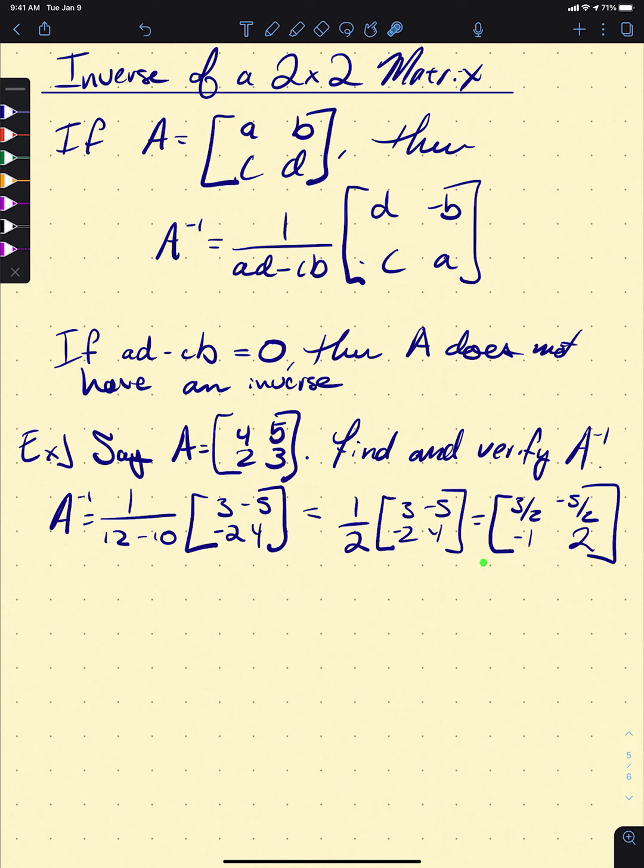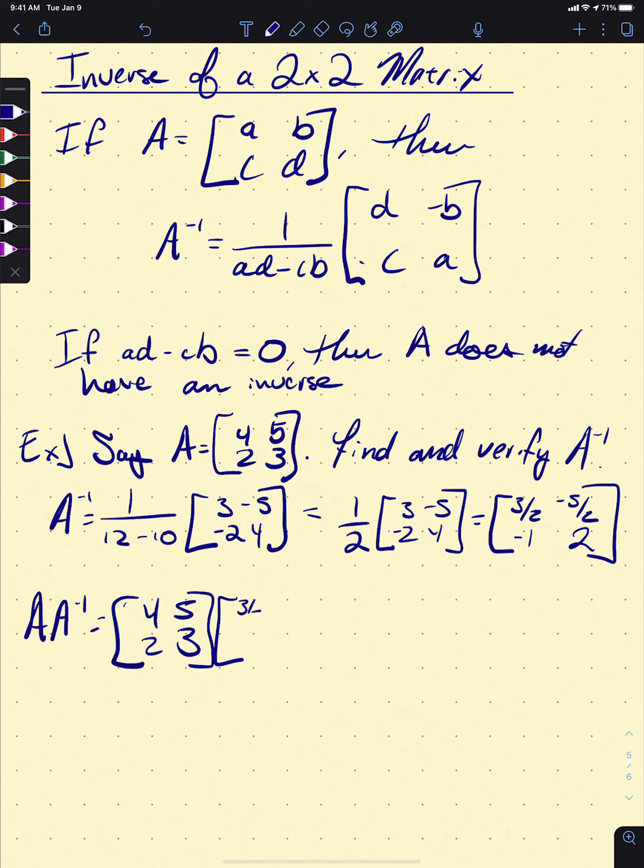Okay, so now we have A inverse, and we want to take a look at A times A inverse, because we want to verify that the thing we found is actually what we're claiming it to be. So we have 4, 2, 5, 3 times 3/2, minus 5/2, minus 1, and 2.